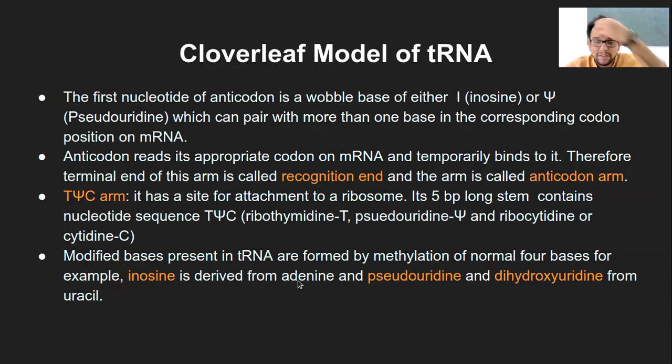Depending on the modification, it is not necessarily always methylation; it can be hydroxylation, or, for example in pseudouridine, the binding carbon atom itself changes. So these are modified in some aspect, and they are present in the tRNA molecule, and that is how tRNA is a special nucleotide strand, because it has quite a lot of modified bases.